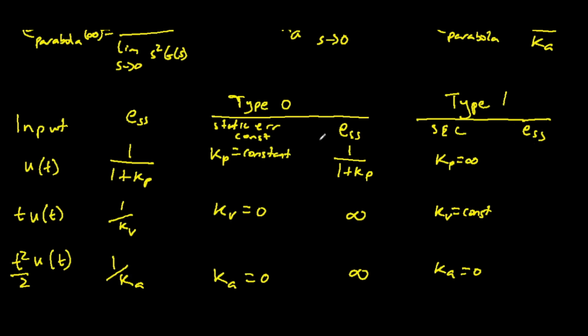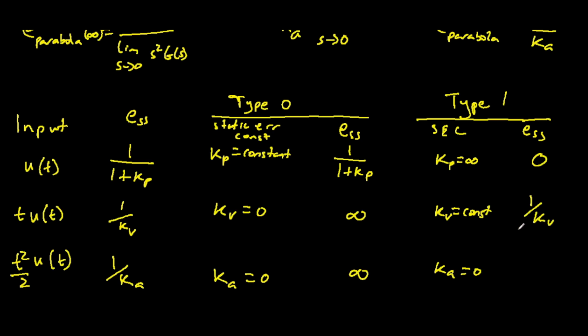So that means that if your Kp is infinite, then your steady state error, 1 over 1 plus Kp, will be 1 over 1 plus infinity, which will be 1 over infinity, which will be equal to 0. So for a type 1 system, you will definitely have 0 as your steady state error. Your steady state error to a ramp input will be 1 over Kv, because your Kv is a constant.